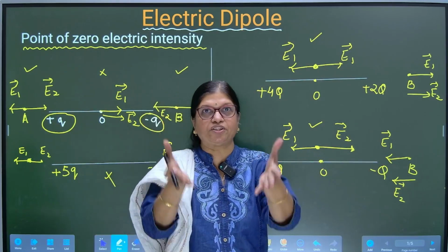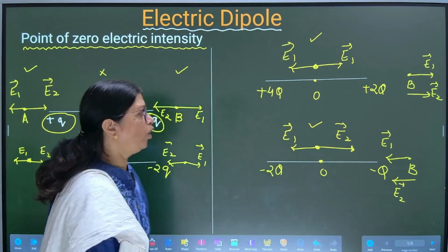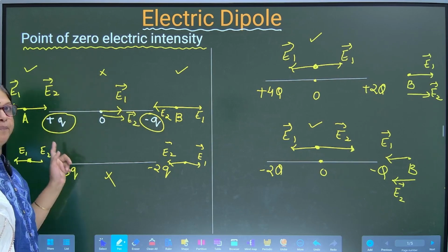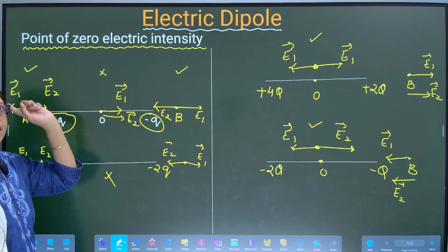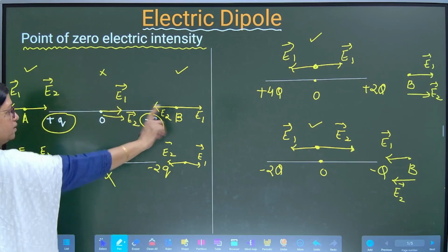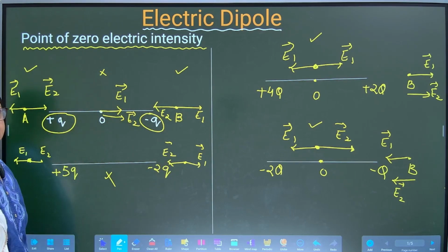So what is the summation of this page which I am conducting? That if I have two charges of opposite polarity, then my electric field intensity will be 0 at points at the two ends.